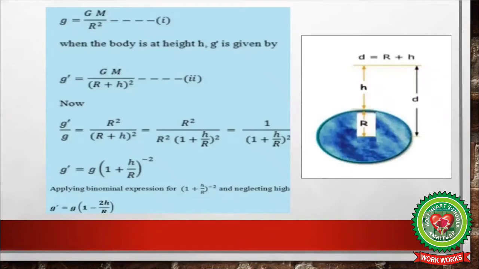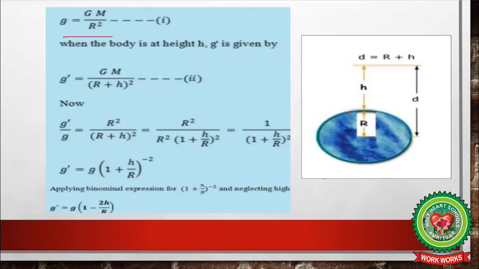We have studied that g is equal to G M upon R square, where G is the gravitational constant, capital M is the mass of the earth, and R is the radius of the earth. When the object is on the surface of earth, at that moment acceleration due to gravity is given by this equation.